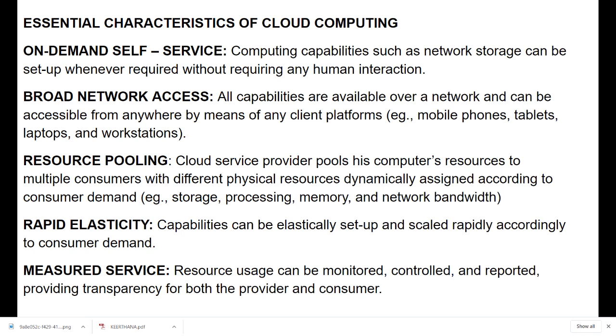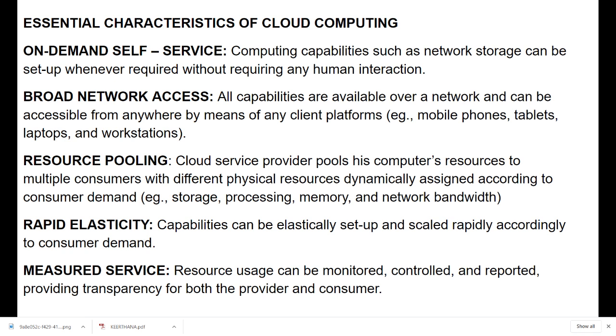There is a sense of location independence where the consumer is generally unaware of specific details of the location. At a time, multiple consumers can access the resources, which can be storage, processing, memory and network bandwidth.